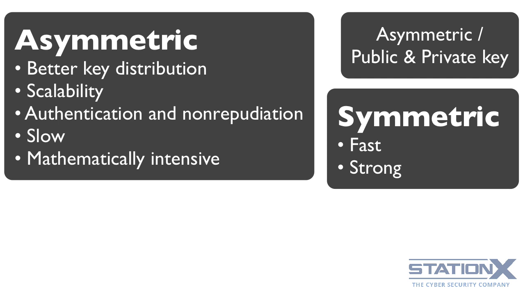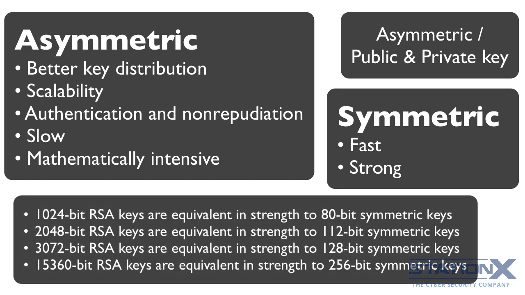Public and private key also provide authentication and non-repudiation, but the weaknesses are that, unfortunately, these encryption algorithms are actually very, very slow compared to symmetric systems. If you look at the bit length after asymmetric algorithms, you'll notice that they're a lot higher than they are for symmetric key encryption algorithms.